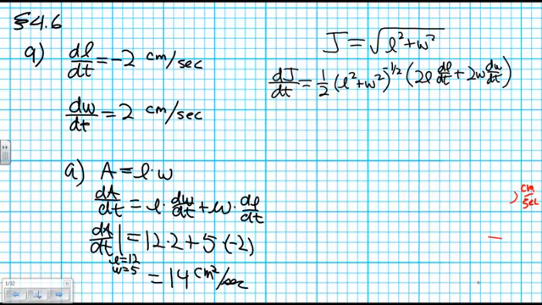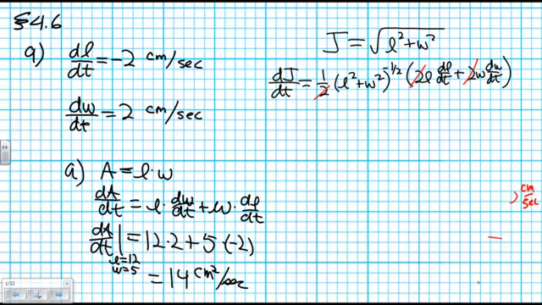I did that awfully fast. Did I lose you? Okay, so I'm using the same old rules, just a slightly different feel to it. Can I get rid of this 2 and these 2's?